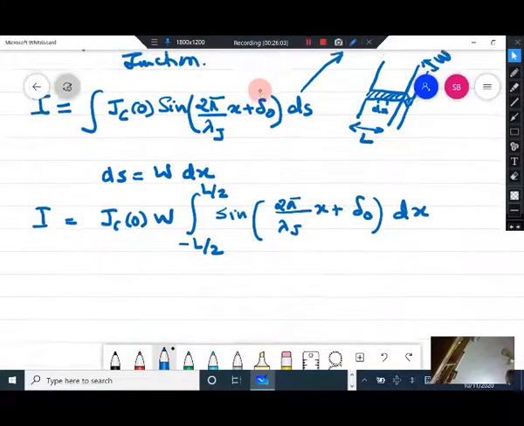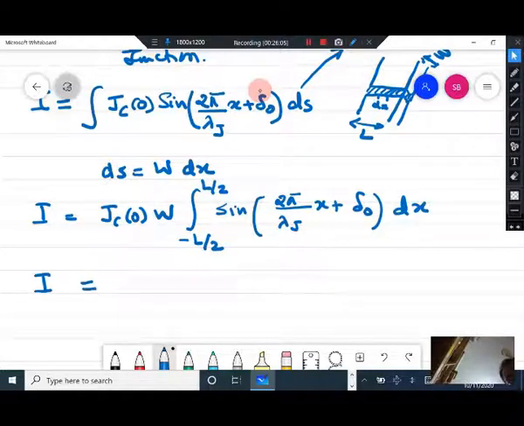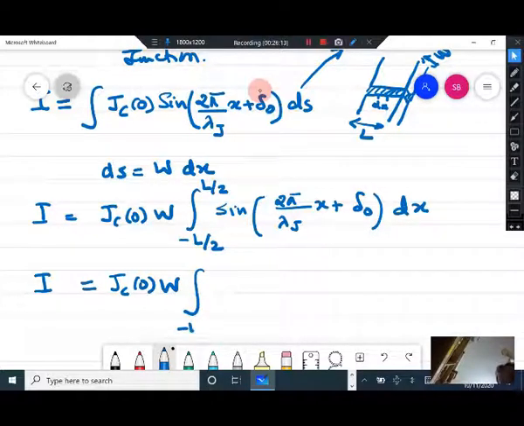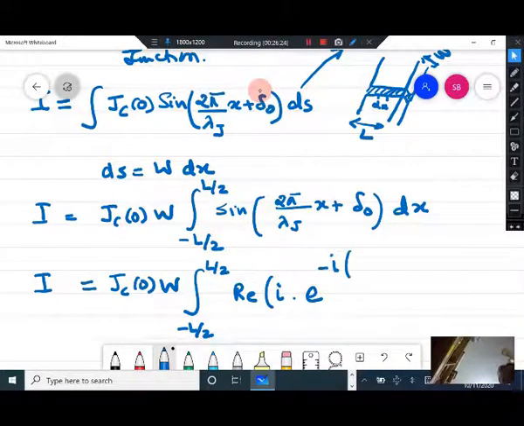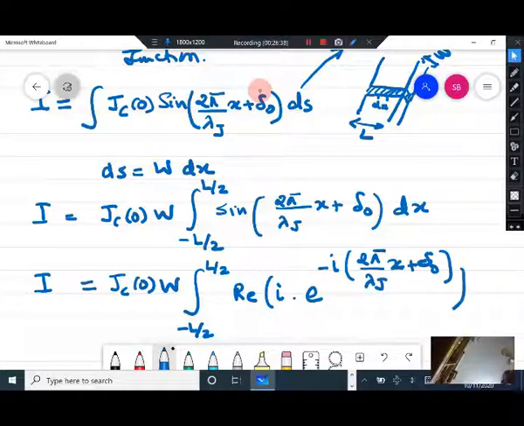Okay, and this we can rewrite as the total current I is Jc0 into W, integral of minus L by 2 to plus L by 2, real part of i into e raised to minus i, 2 pi by lambda j x plus delta 0, into dx, because i into e raised to this, and the real part of that will give you sine of 2 pi by lambda j x plus delta 0.